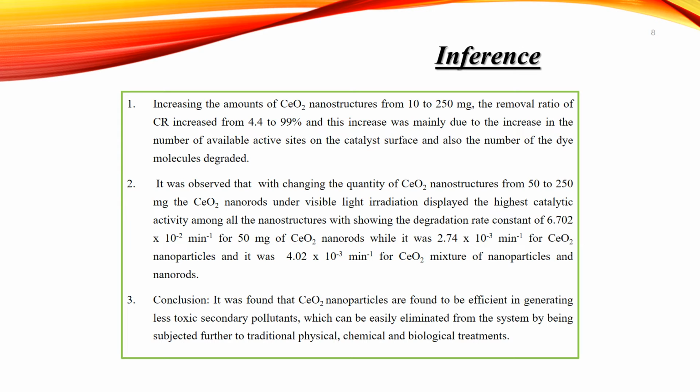This percentage of degradation increased mainly due to the number of active sites available for absorbing the dye molecules onto the catalyst surface. The degradation rate constant was highest for the nanorods, the second highest was for the mixture of nanoparticles and nanorods, and then the next highest was for nanoparticles.